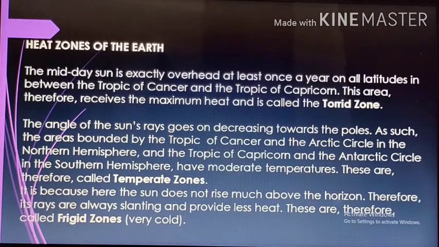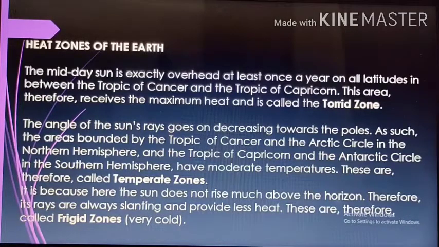Now, areas lying between the Arctic Circle and the North Pole in the northern hemisphere and the Antarctic Circle and the South Pole in the southern hemisphere are very cold. It is because here the sun does not rise much above the horizon.